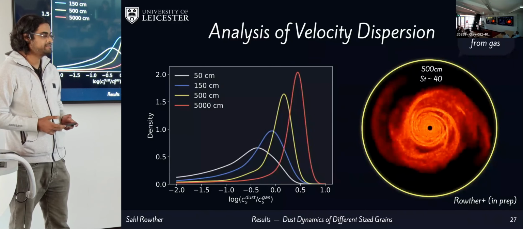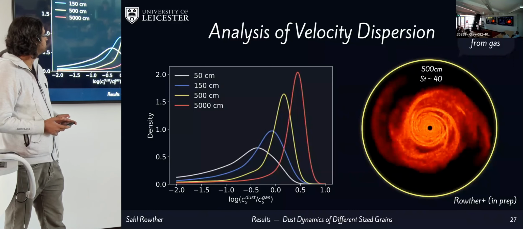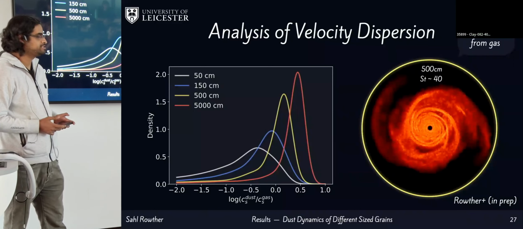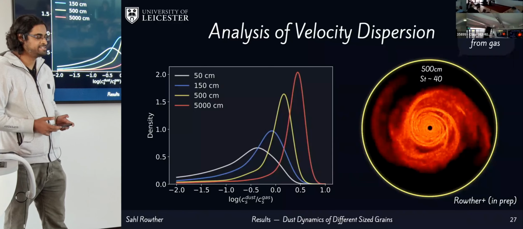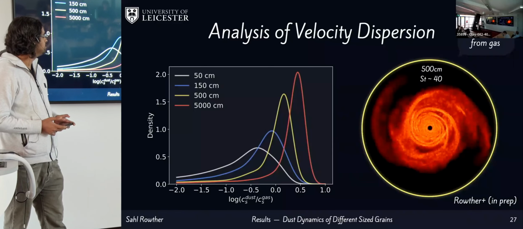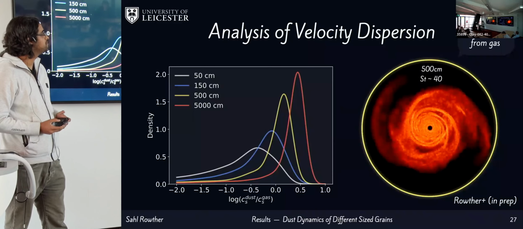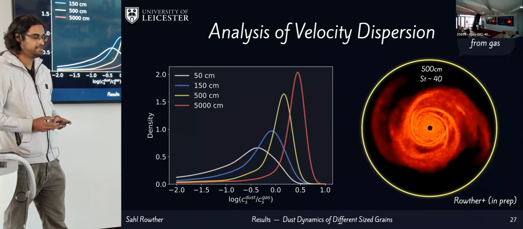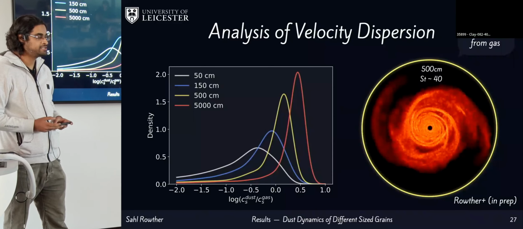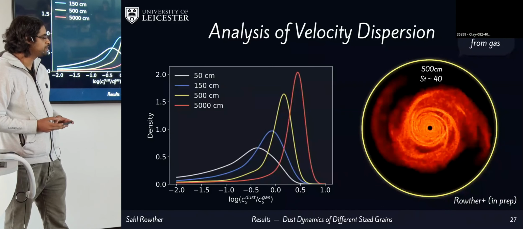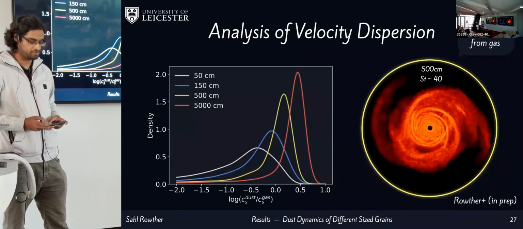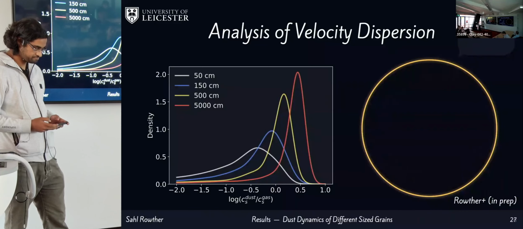Going up in grain size again, we now see that the peak of the velocity dispersion is now higher than the gas sound speed, and we see the dust starting to become decoupled from the gas, particularly in the outermost parts of the disk where the Stokes numbers are higher.